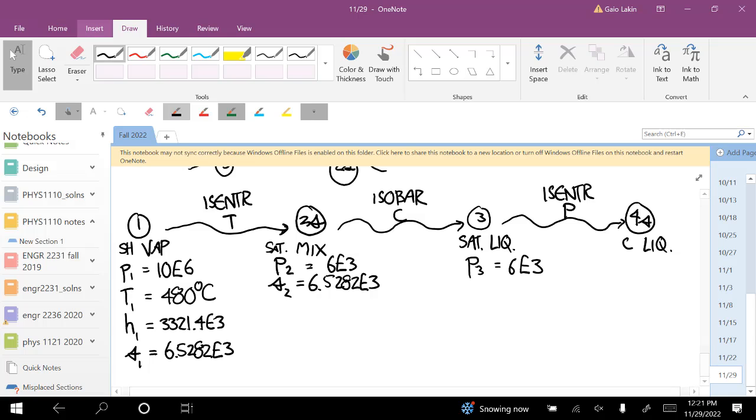Really, we should probably write 2s here for the entropy, because that's not the entropy of the actual state. That's the entropy if we're assuming that this is an isentropic process, which it isn't.